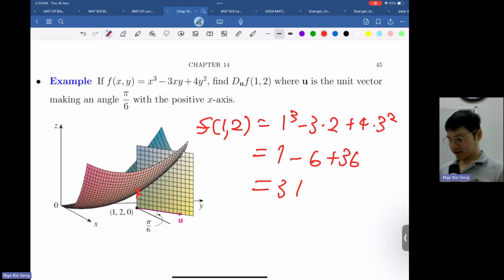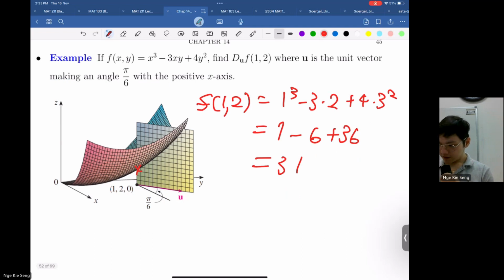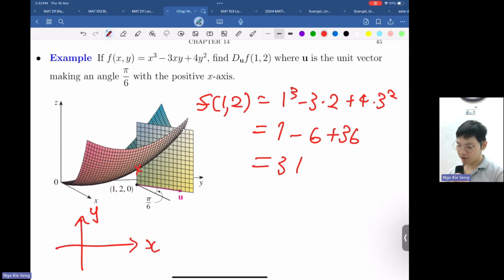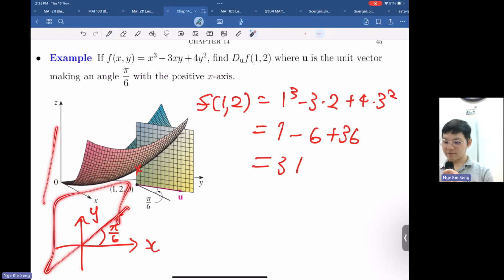So let's draw this. We have the domain plane, and a direction making pi over 6 with the positive x-axis, somewhere like this. I will use this plane to cut my surface.